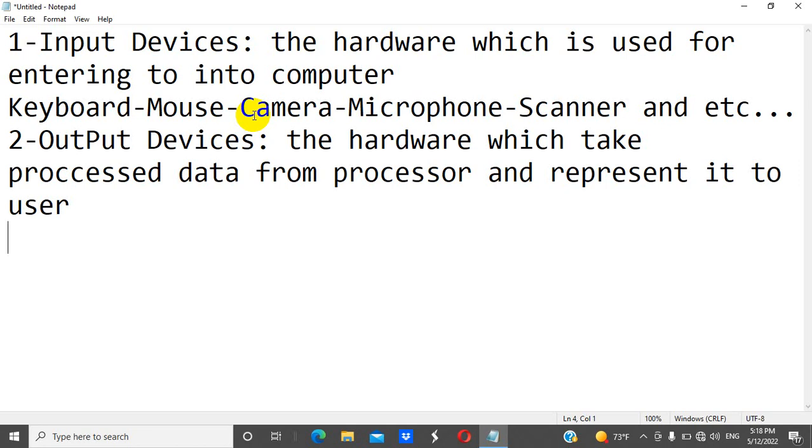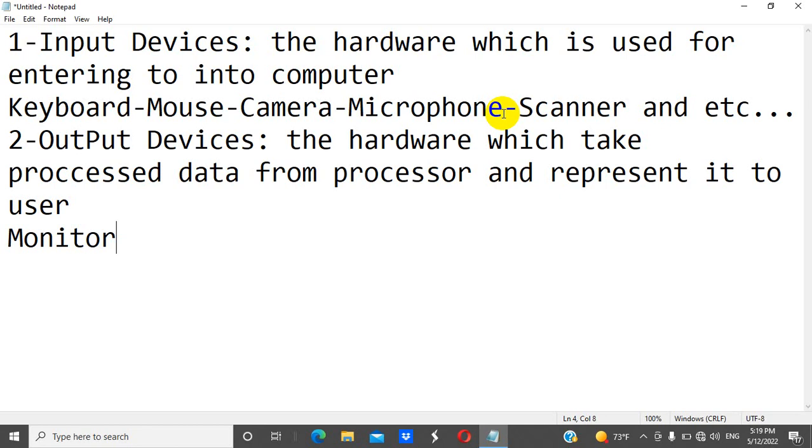Output devices are those devices which take processed data from the processor and represent it to the user. For example, the monitor, the screen of the computer. That's an output device. What is the function of the screen or monitor? The monitor displays information and data from inside the computer system to us.